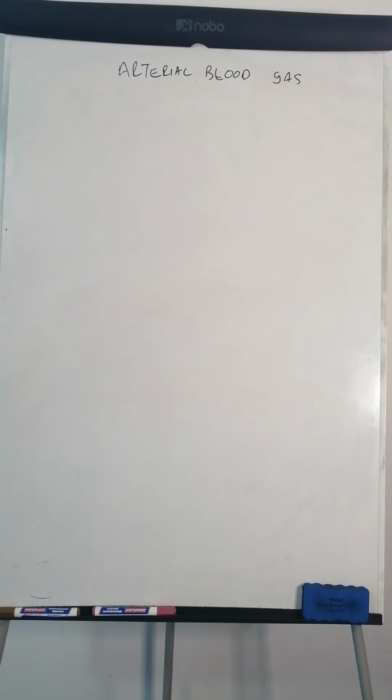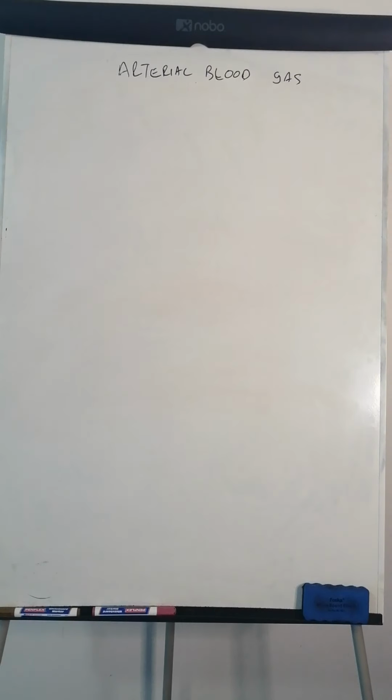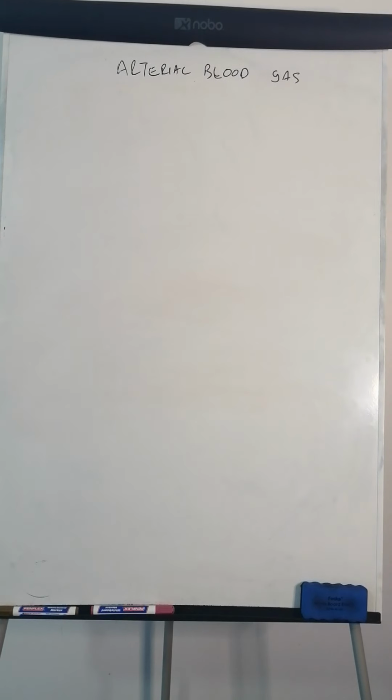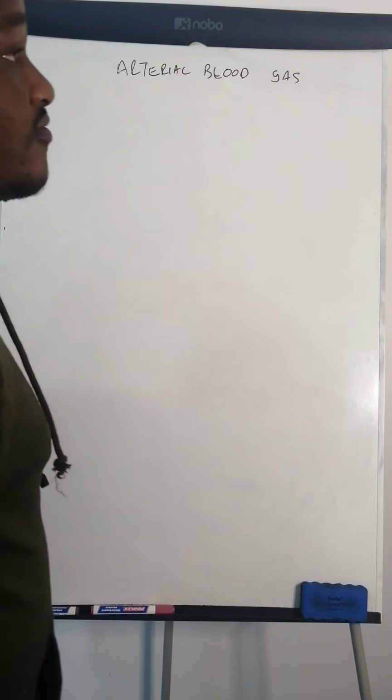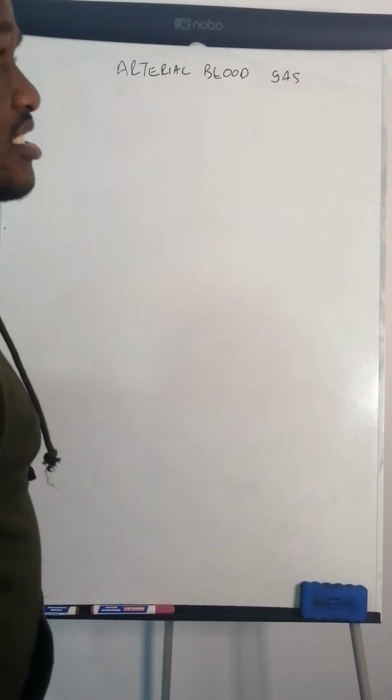So what I want us to talk about is arterial blood gas. As a student doing fifth year, final year, as an intern, you are going to be requested to do a lot of ABGs, especially in surgery, because you often have critical patients in surgery.